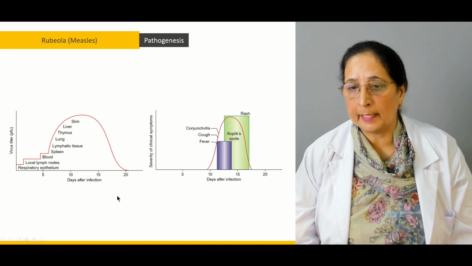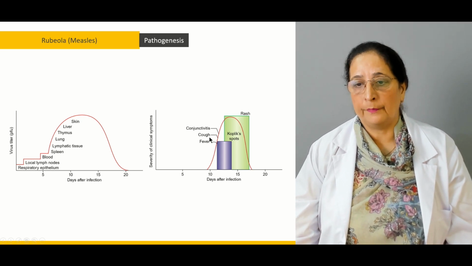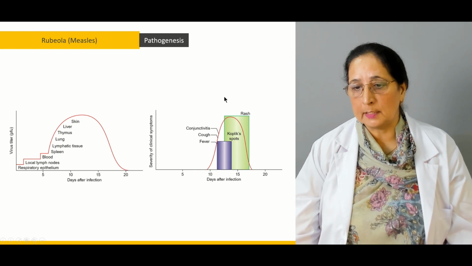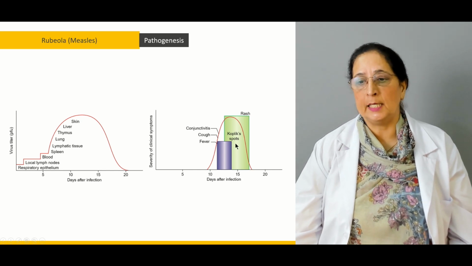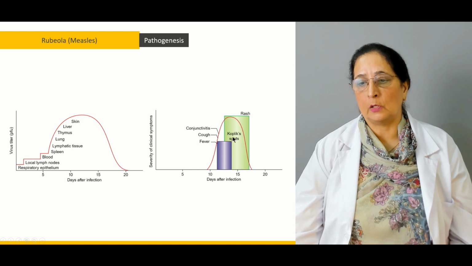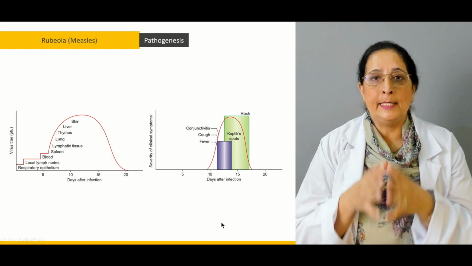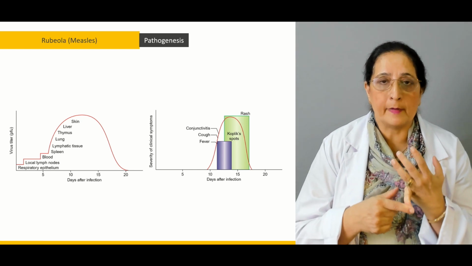So we have fever, cough, conjunctivitis, then the rash appears at the peak, at about 10 to 15 days, and Koplik spots also appear.